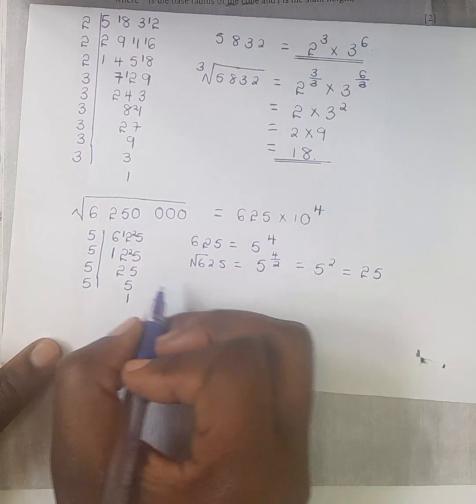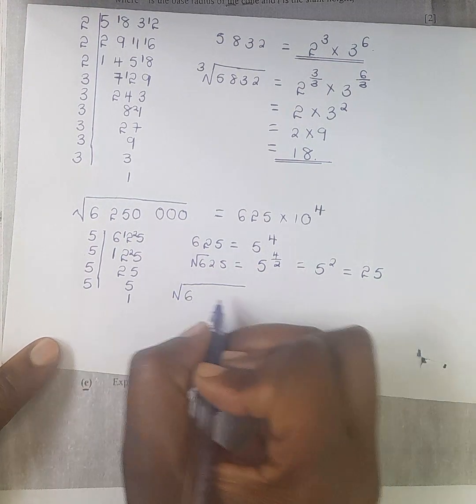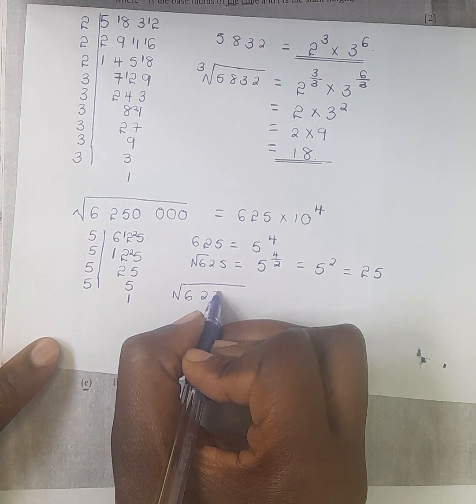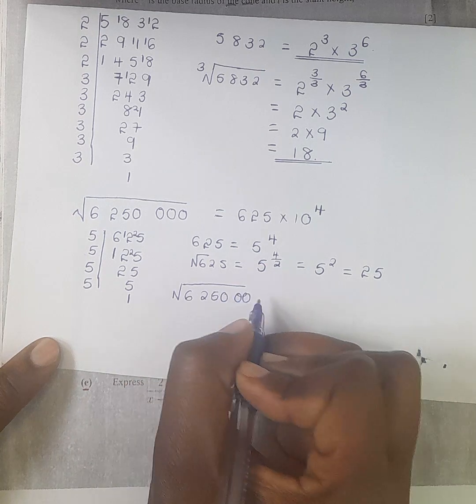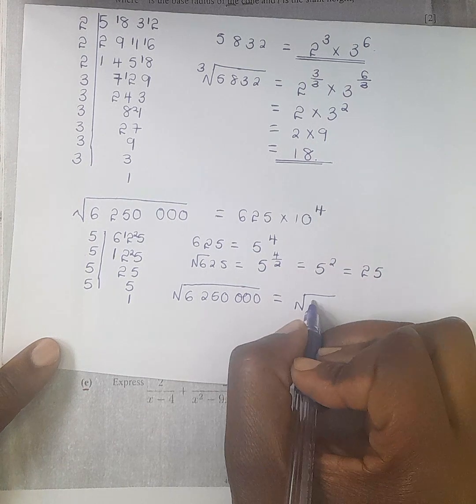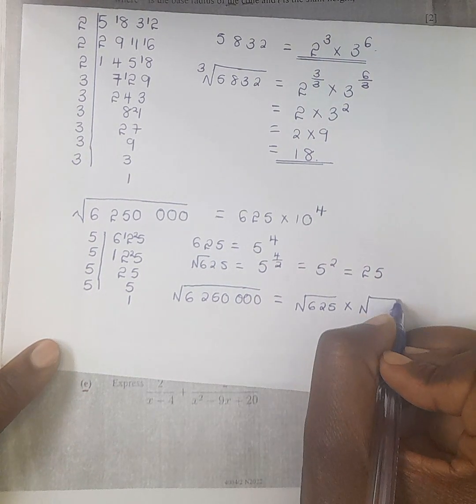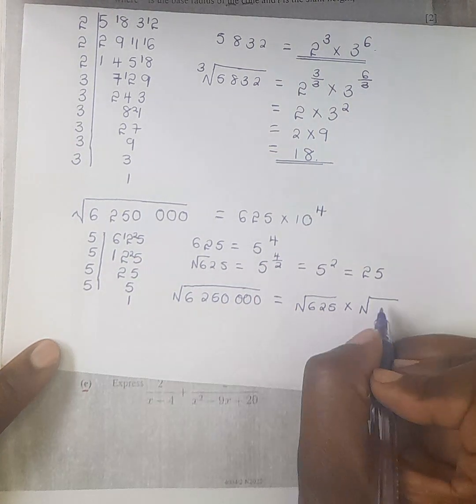So we now say the square root of 6,250,000 is equal to the square root of 625 times the square root of 10,000.